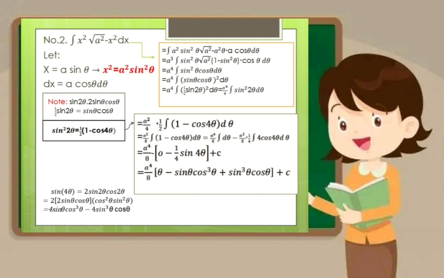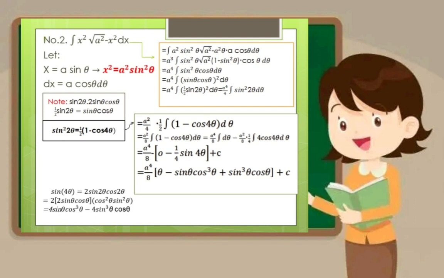So we see that this is a raised to the 4 times the quantity 1/2 sine of 2 theta, squared, d theta. Then we simplify, and the cosine of 2 theta is cosine squared of theta minus sine squared of theta. So we have 4 sine of theta cosine cubed of theta minus sine cubed of theta cosine of theta.